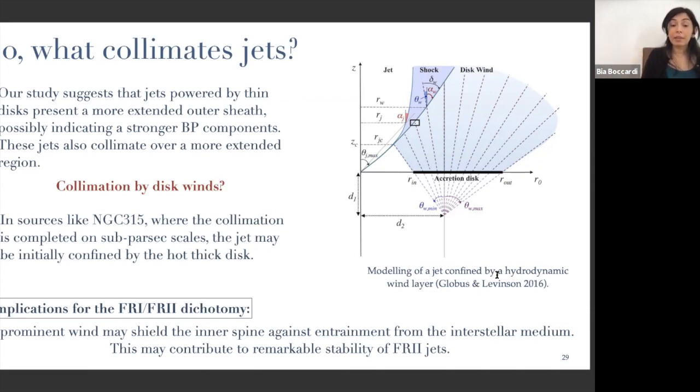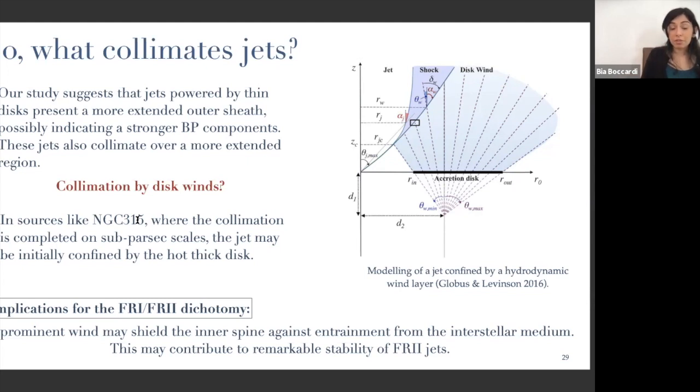On the other hand, for low luminosity sources like NGC 315, this wind is not that prominent, and the fact that we observe that the collimation is already completed on sub-parsec scale may indicate that if the jet is collimated by the ambient medium, this ambient medium is possibly the hot, thick disk which powers the jet.